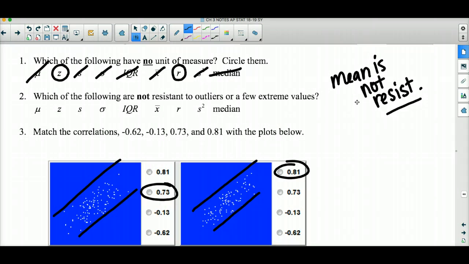Remember that. Your mean is not resistant. So, is the median, okay, which of the following are not resistant? The mean is not, which also means X bar would not be resistant. Now what? Standard deviation is not resistant.